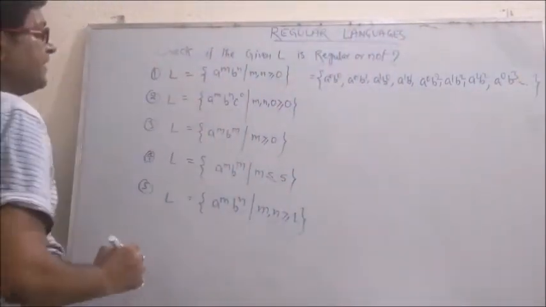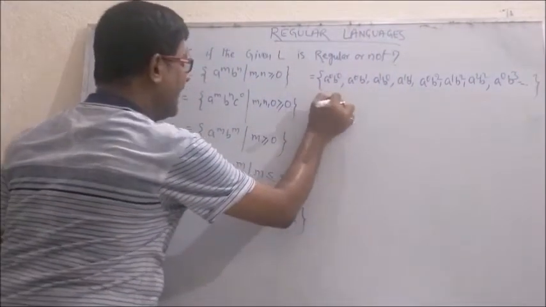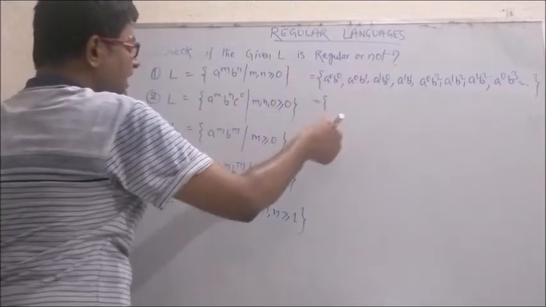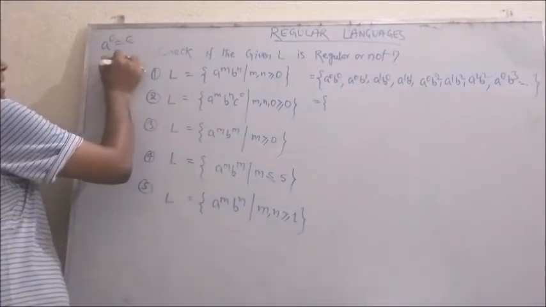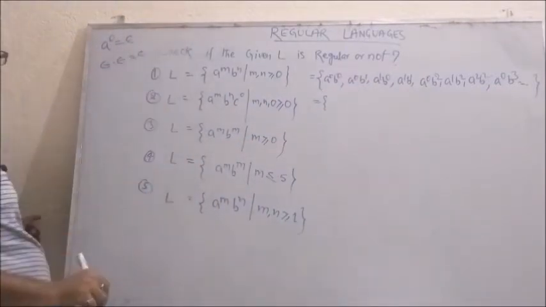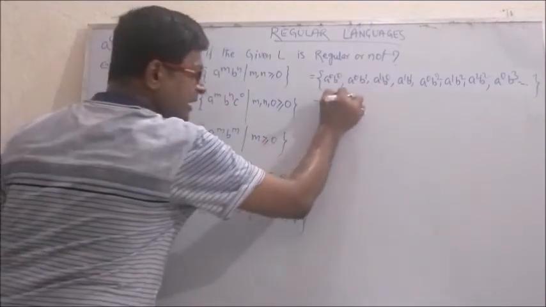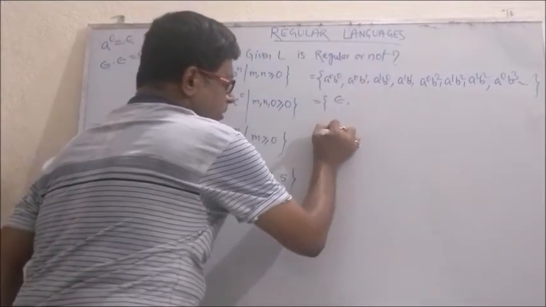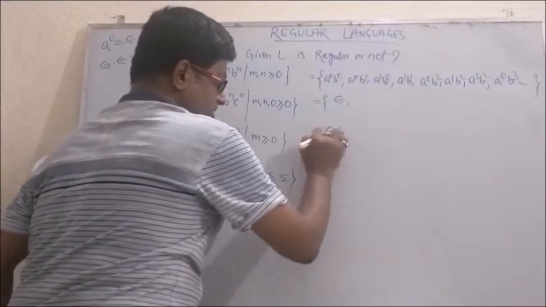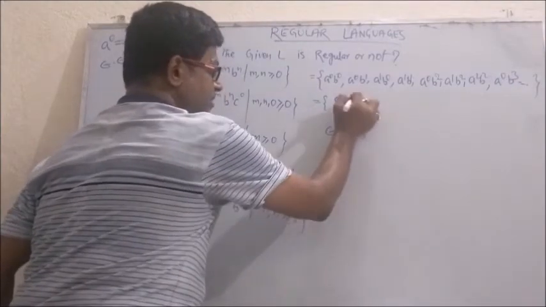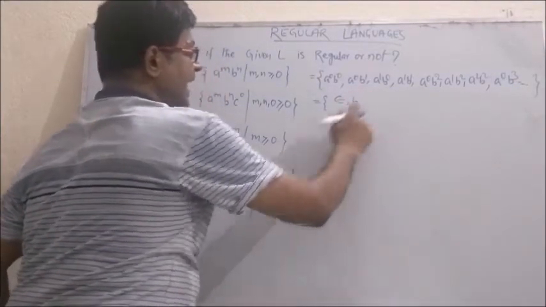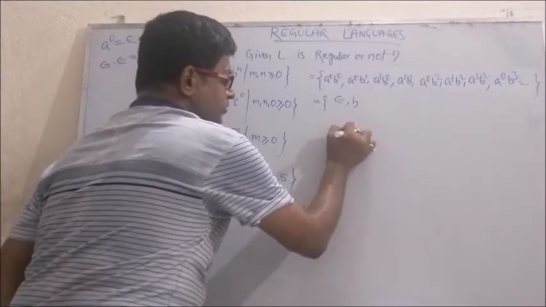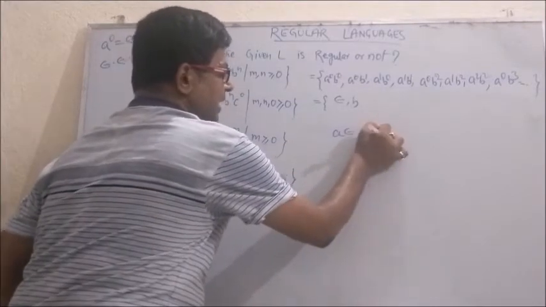So what deduction will we get from here? A0 is epsilon, so epsilon followed by epsilon is epsilon itself. So first will be epsilon only. What is A0 B1? A0 is epsilon, B raised to 1 is B, so epsilon B is B itself. Next, A1 B0: A raised to 1 is A only and B raised to 0 is epsilon, so A epsilon is A only.